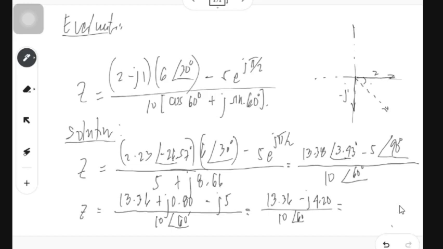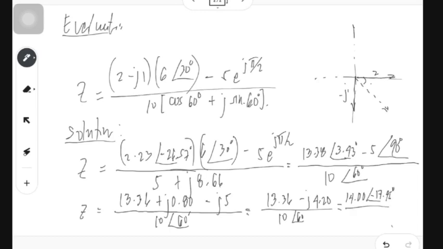Magnitude. I hope everybody can. Ilan? 14.00. 14.0. Ganyan. Then, what about the angle? Negative 17.45. Negative 17.45.